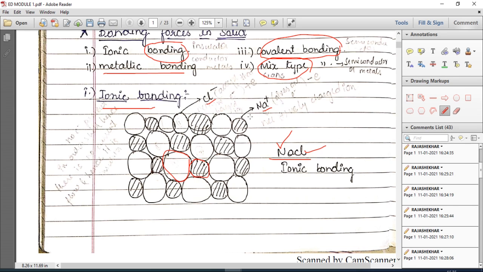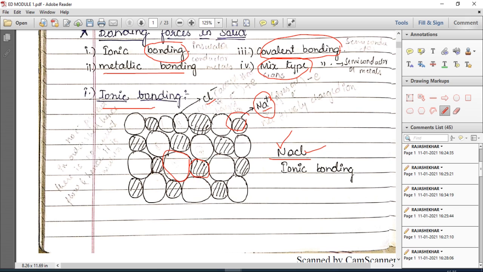If I take this as an Na atom, it will release one electron from its outer shell. That electron will be transferred to the chlorine atom. That's why sodium will always act as a giver, that is it gives its outer electron to the chlorine, and chlorine will always act as an acceptor.